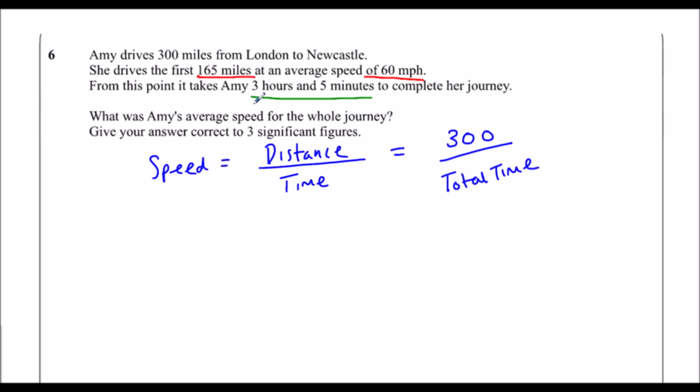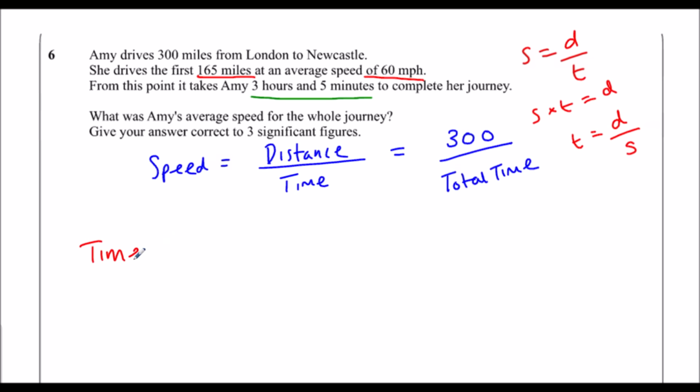We know the second part is 3 hours 5 minutes, and we can work out the first part. So again, speed is distance over time. To find time, if we times both sides by time, speed times time is equal to distance, and divide both sides by speed. Time is distance divided by speed.